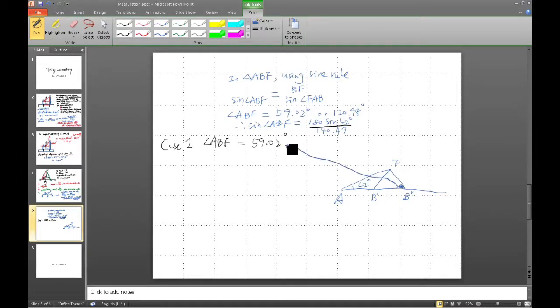So obviously, angle ABF equals to 59.02 degrees.